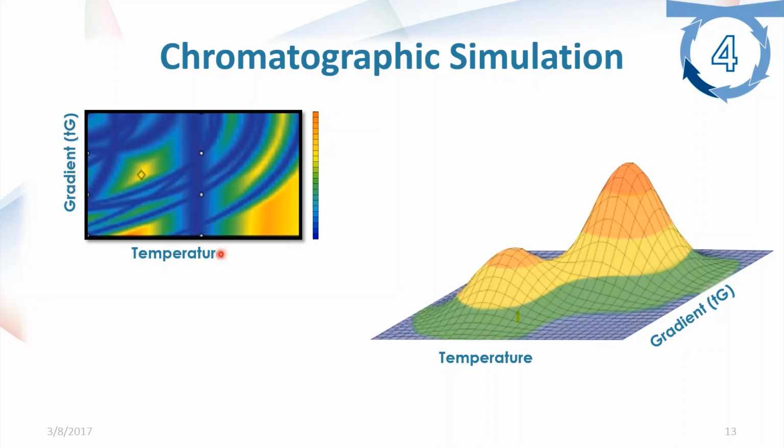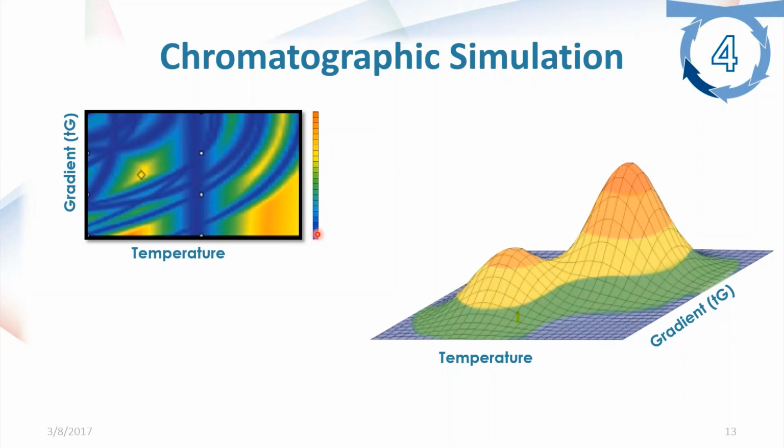And in the background, what the software has done is it's acquired data to be able to successfully model this design space. So the white dots that you're looking at are actual experimental chromatograms. And these experimental chromatograms are used to model the rest of the surface.